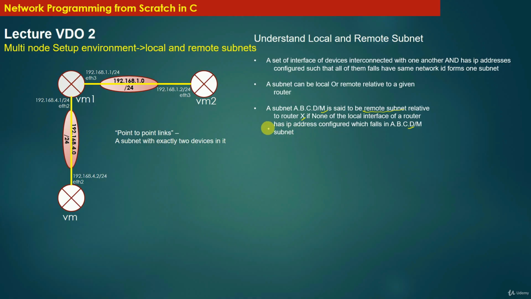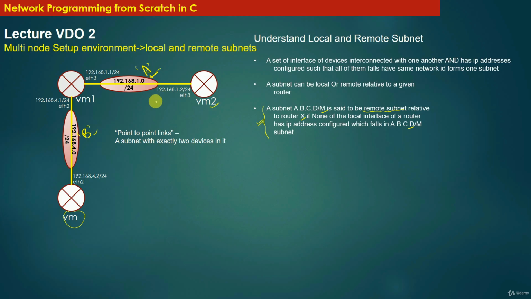Let us apply this definition to our topology. As I said, this is subnet A and this one is subnet B. Subnet A is a remote subnet for router VM and subnet B is a remote subnet for router VM2. Let us apply the definition and you will get your answer.